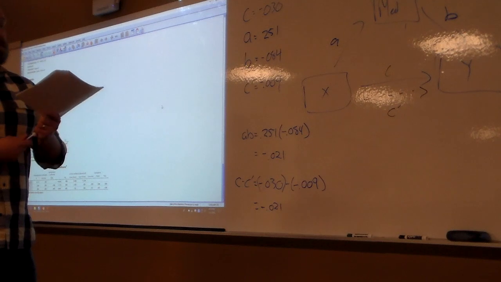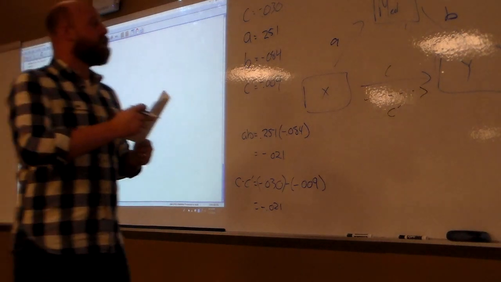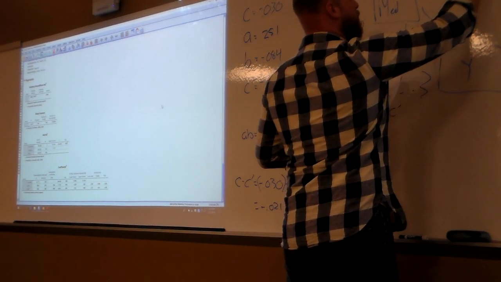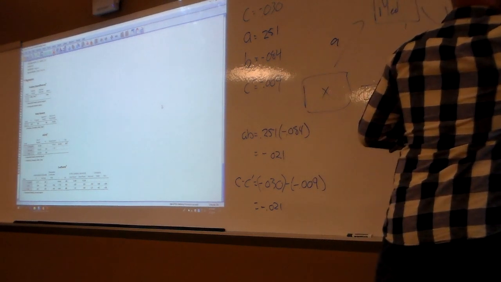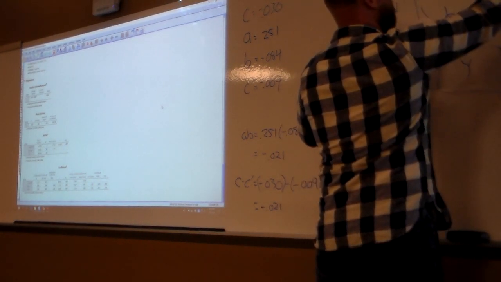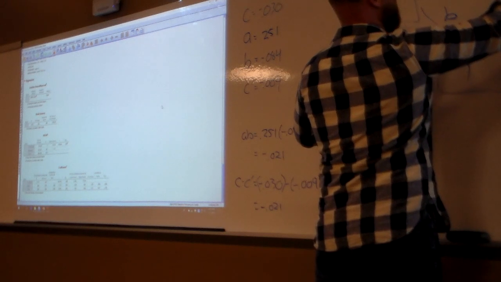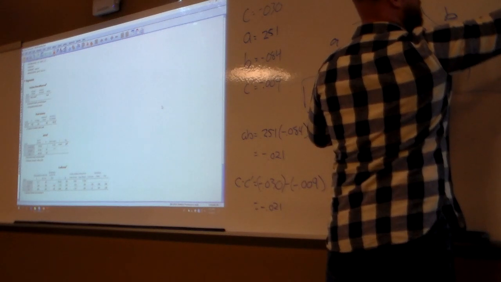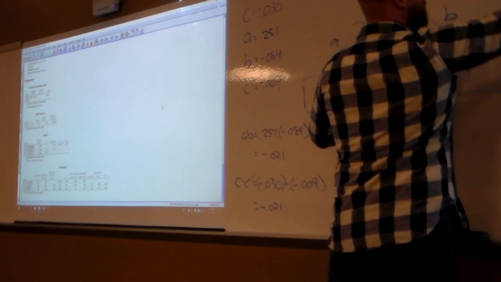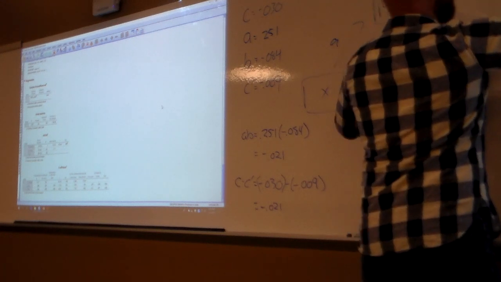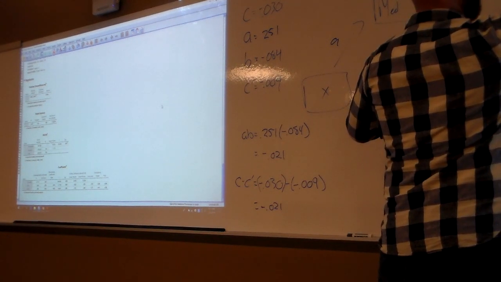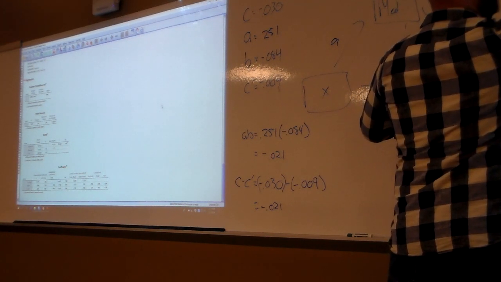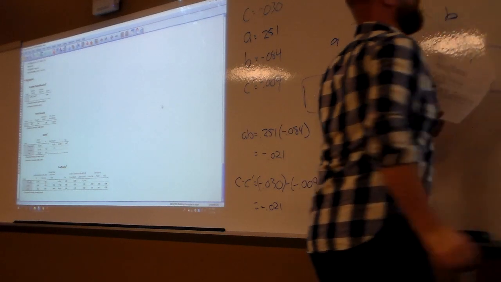So now remember, with my Sobel, the standard error of AB is going to be equal to the square root of B squared times standard error of A squared, plus A squared times standard error of B squared, minus standard error of A squared times standard error of B squared.